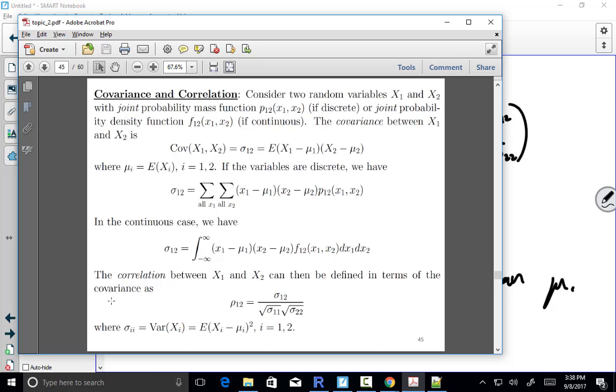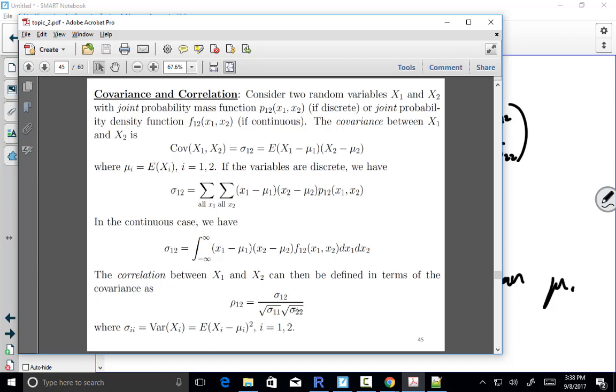The correlation, something that we're arguably more familiar with, is just a scaled version of the covariance. Specifically, the correlation between x1 and x2 is equal to the covariance between x1 and x2 divided by the standard deviation of the first variable times the standard deviation of the second variable.